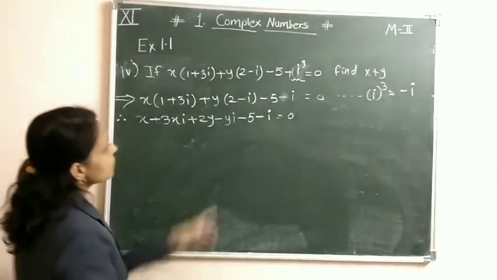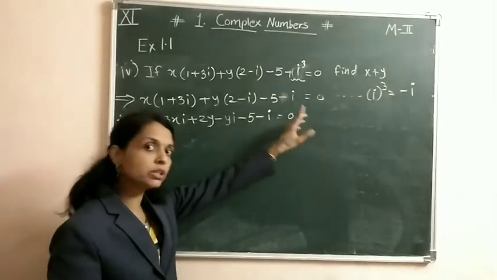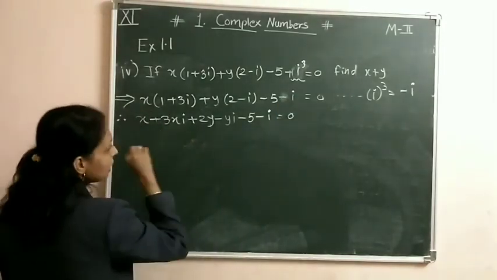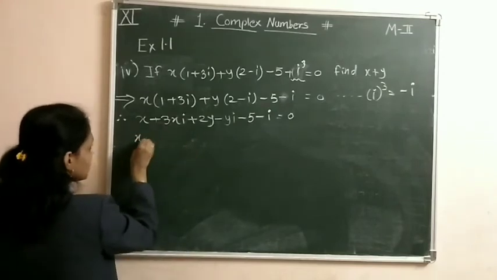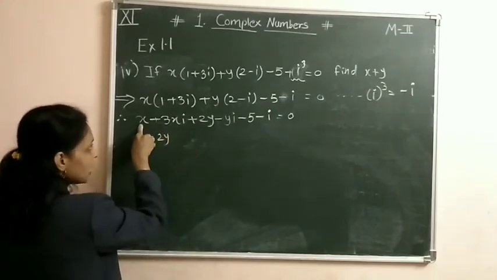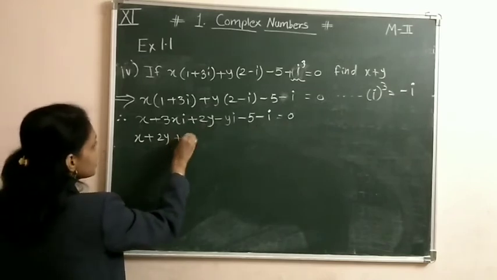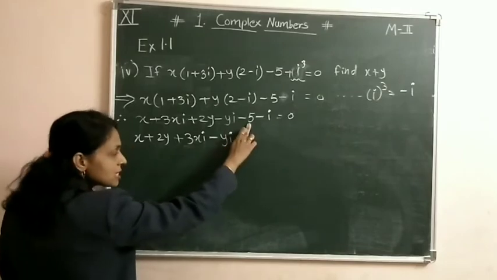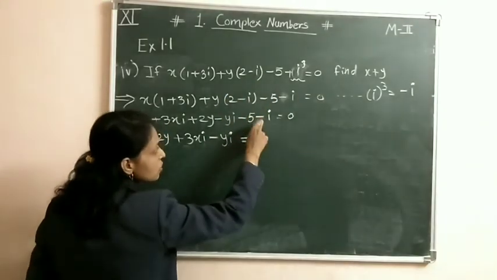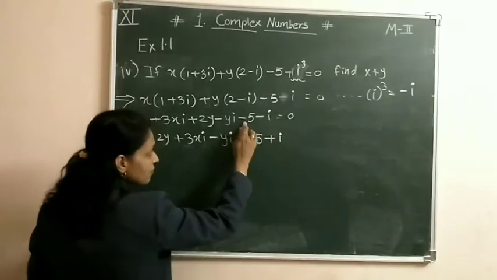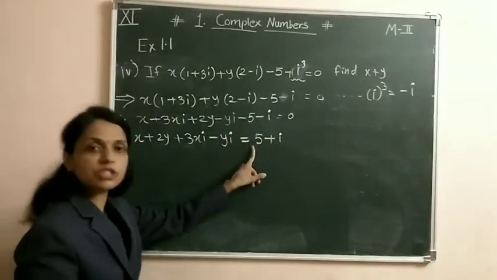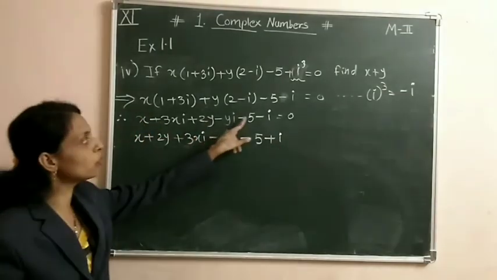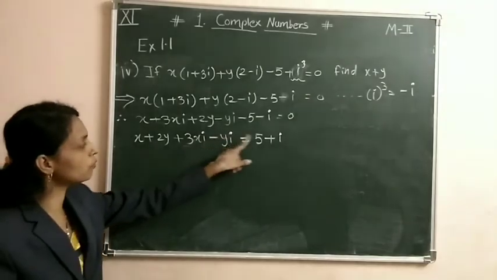So what we'll do, shift this negative 5 and negative i to the RHS side, and write down the i terms at the one side. x plus 2y, this x, this 2y, plus 3xi minus yi. And shift this negative 5 to that side, so it becomes positive 5. Negative i becomes positive i. 6 terms.